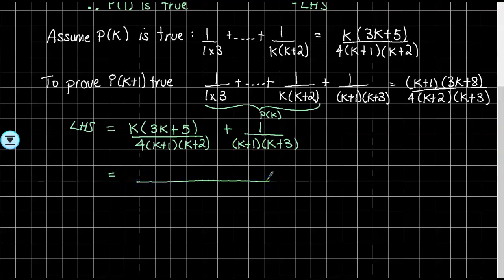So what is my lowest common? Well, 4(k plus 1)(k plus 2), and I'll have to have a (k plus 3), but that's already got the (k plus 1), agreed? So my lowest common is going to be 4(k plus 1)(k plus 2), and hello there, (k plus 3).